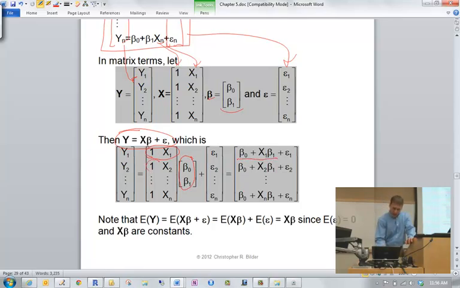When I go to the second row of x times my column vector beta, I get beta 0 plus x2 times beta 1. So you can see how this leading column of 1s allows us to work with matrices in terms of our model. Are there any questions about that?